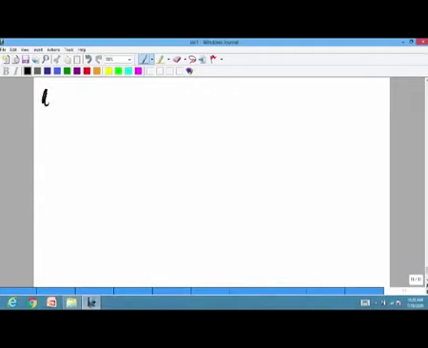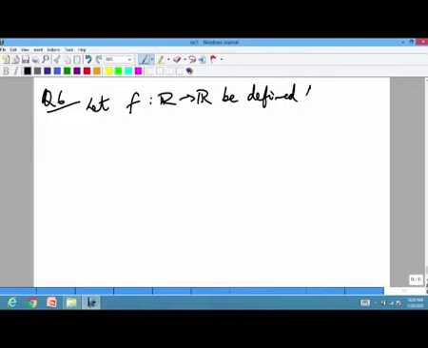Question number 6. We are given a function f from R to R, defined by f of x equal to greatest integer of x if x is less than or equal to 2, and 0 if x is greater than 2.